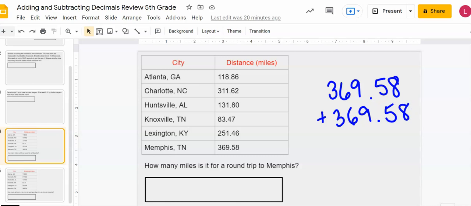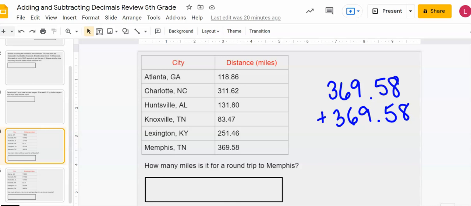So I want to estimate here, and we're going to use our rounding skills. Let's round to the nearest whole number.